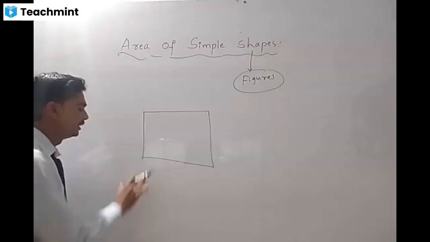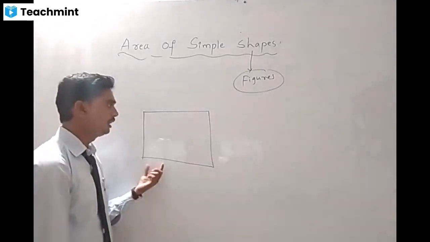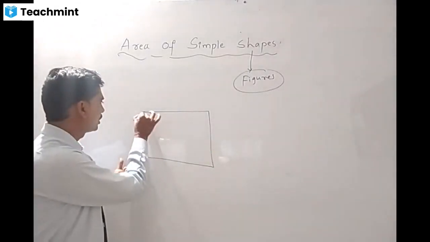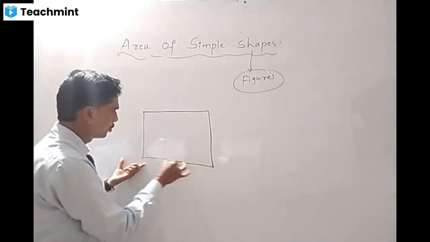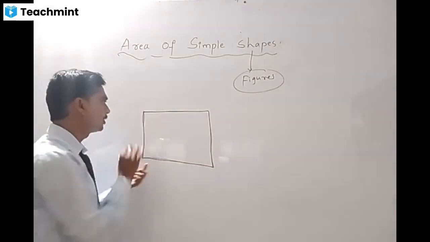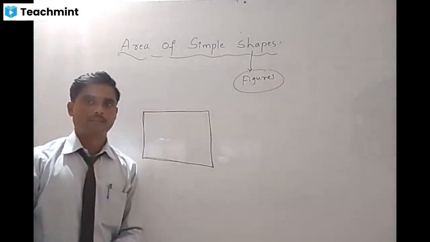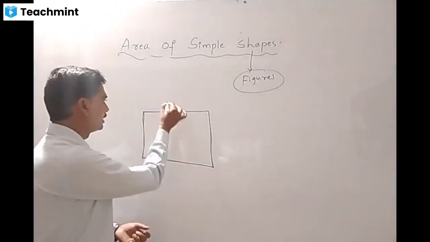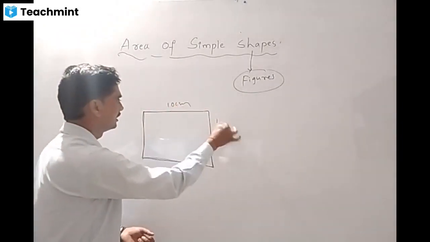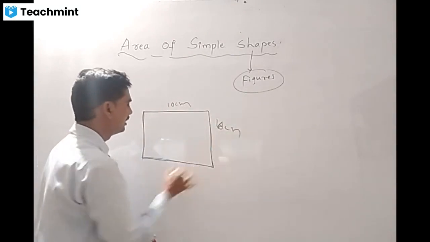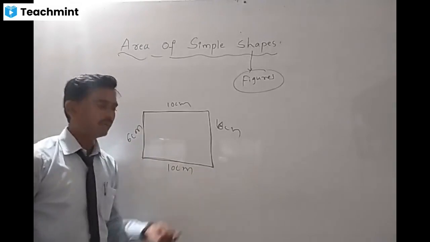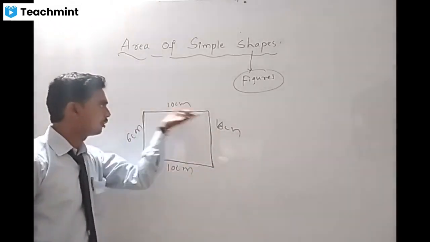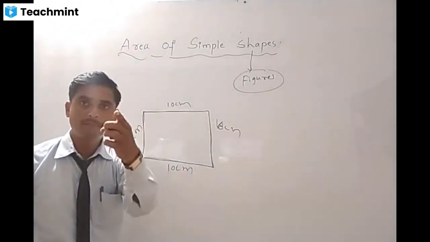The total length of this boundary is called perimeter. The lengths are 10 centimeter, 6 centimeter, 10 centimeter, and 6 centimeter.